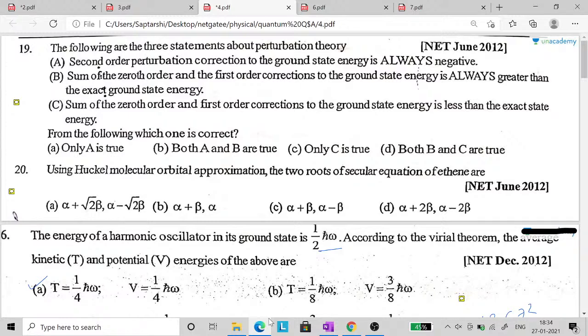Yes, because it's an approximate value. The statement that the sum of zeroth order and first order corrections to the ground state is less than the exact energy is not right. So A and B are right over here. Both A and B are true.